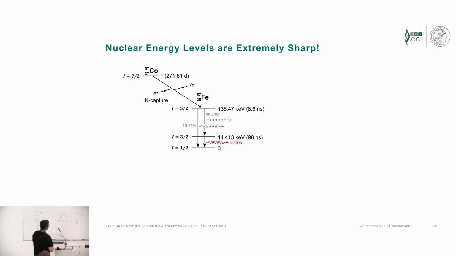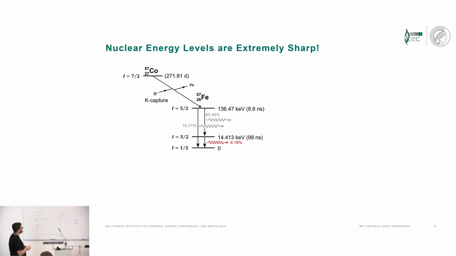So let's look at the decay scheme for the iron-57 experiment. We start with an I = 7/2 cobalt-57 source, which has a half-life a little bit less than a year. That decays through a core electron capture into an excited I = 5/2 iron-57 nucleus. This is a nuclear state, right? And there are different probabilities and different pathways to decay down to the I = 1/2 ground state.